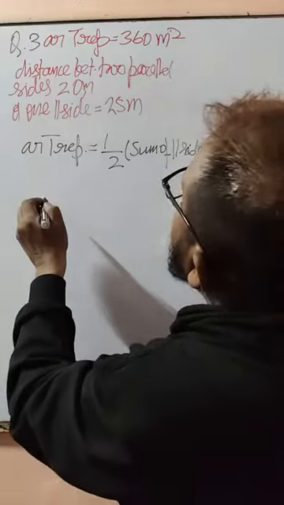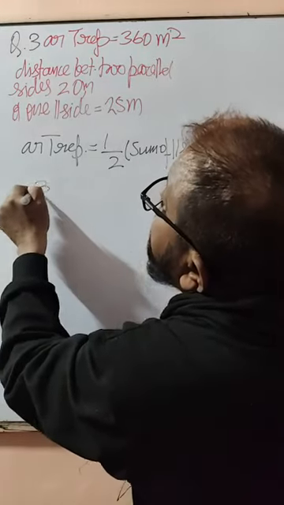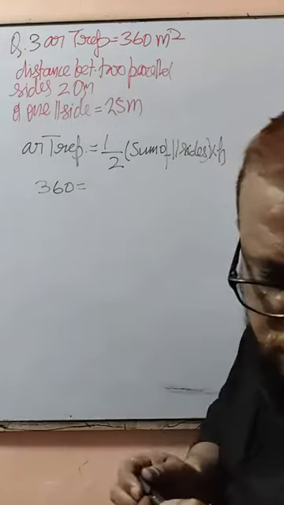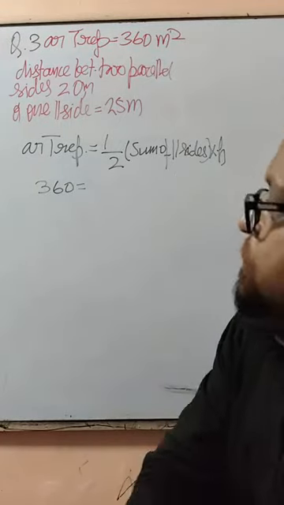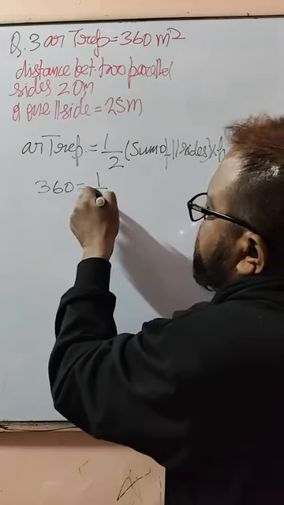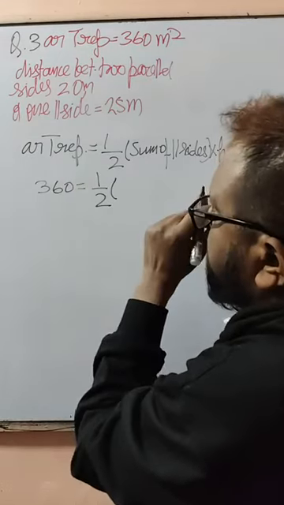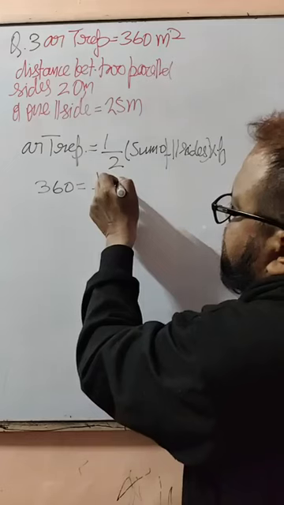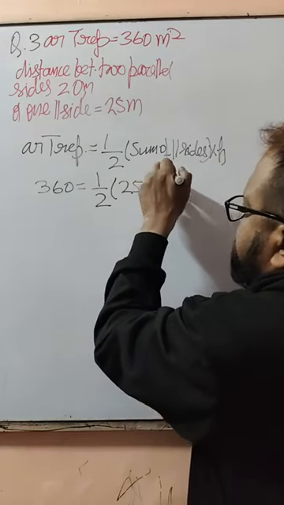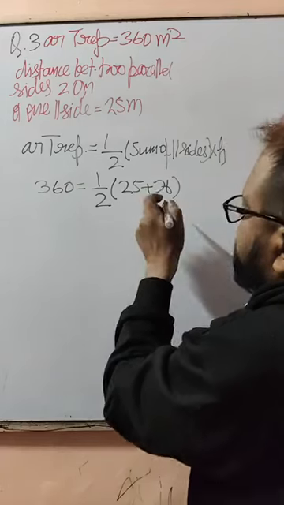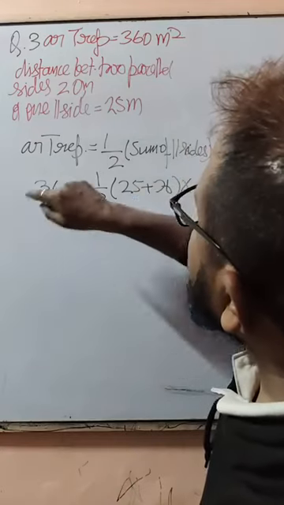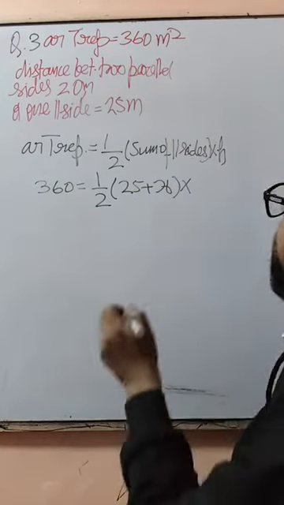Yes, sir. And this is 360 is equal to 1/2 bracket 25 plus x into how much? 20.